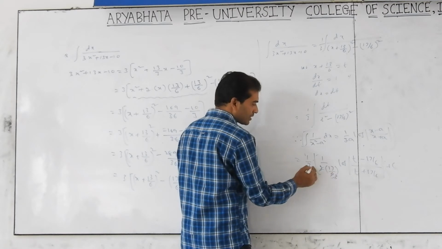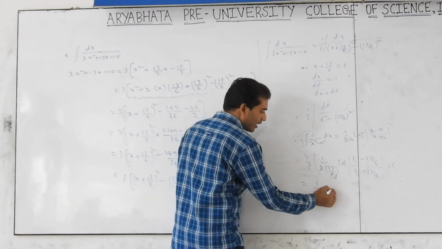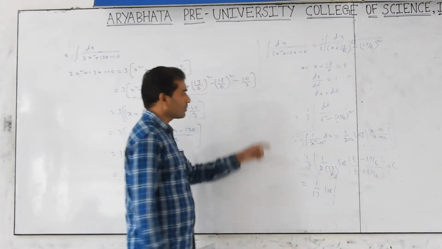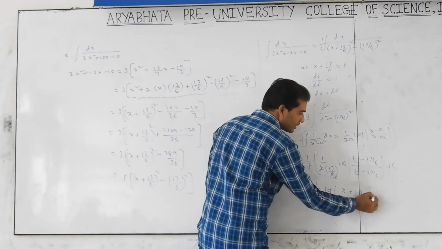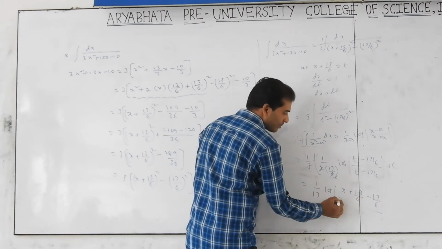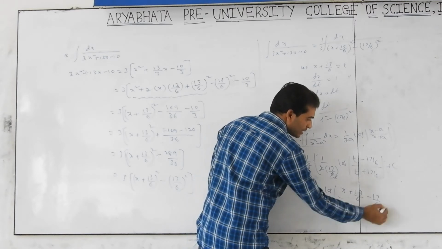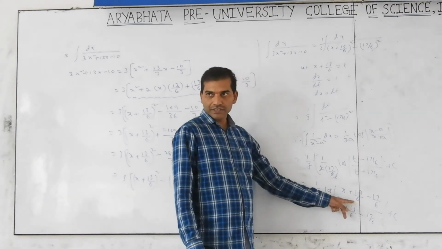This gets cancelled, and 3 also gets cancelled. Now we get 1 by 17 log of (x plus 13 by 6 minus 17 by 6) by (x plus 13 by 6 plus 17 by 6) plus C, where t is equal to x plus 13 by 6. Finish. Take 6 as the LCM.